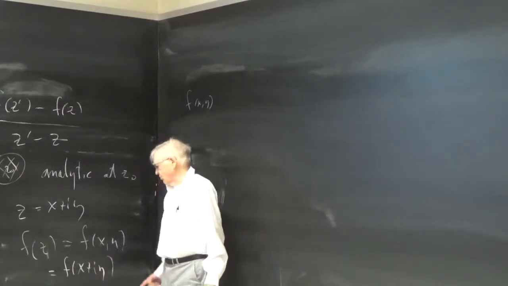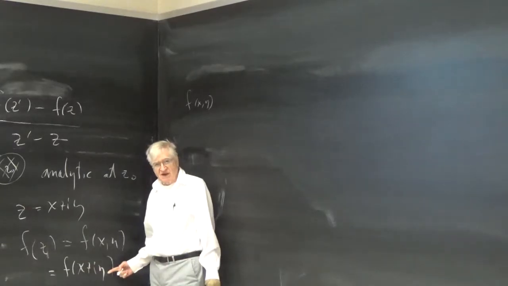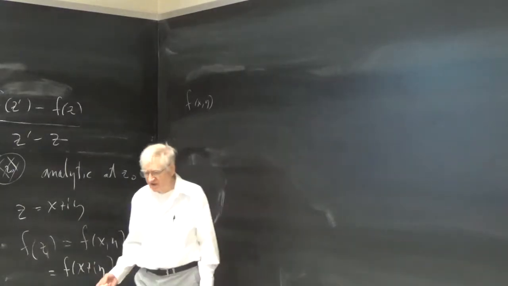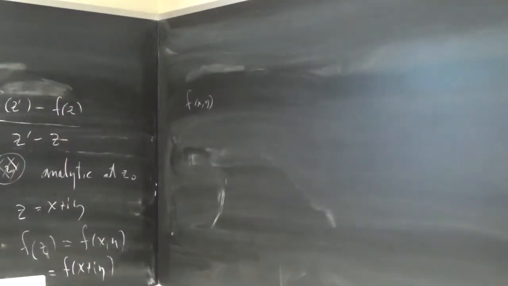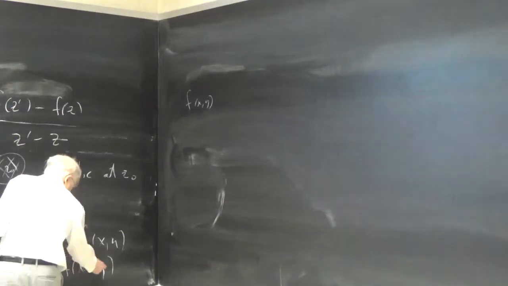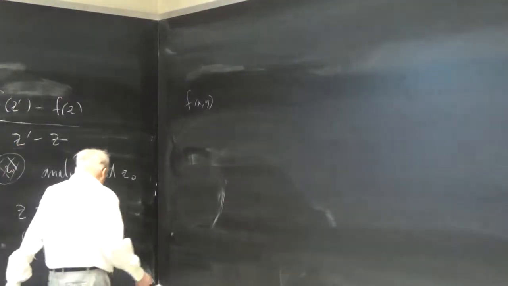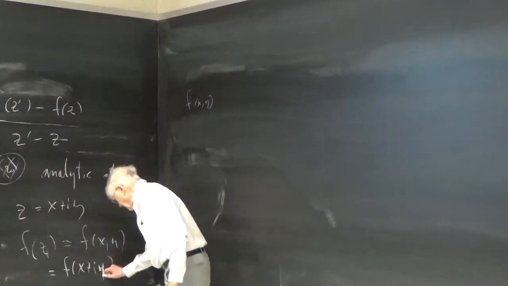Of course, it's more useful to think of it as x plus iy. But you might be given a function of x and y, and then you'd ask yourself, is this an analytic function of z, namely x plus iy? Oh, that looks like an eta rather than a y.